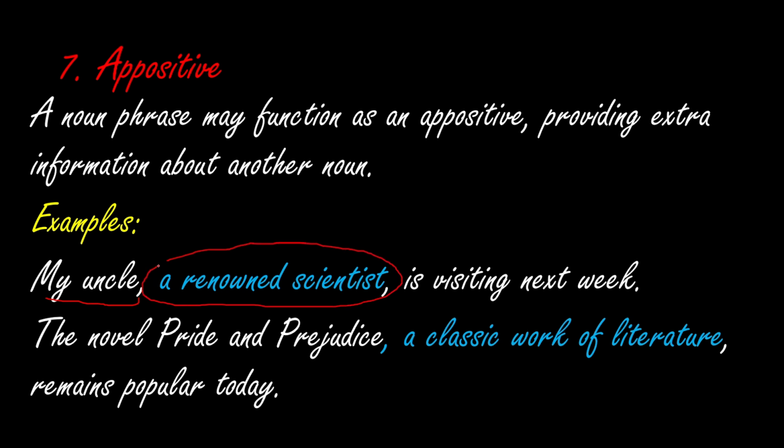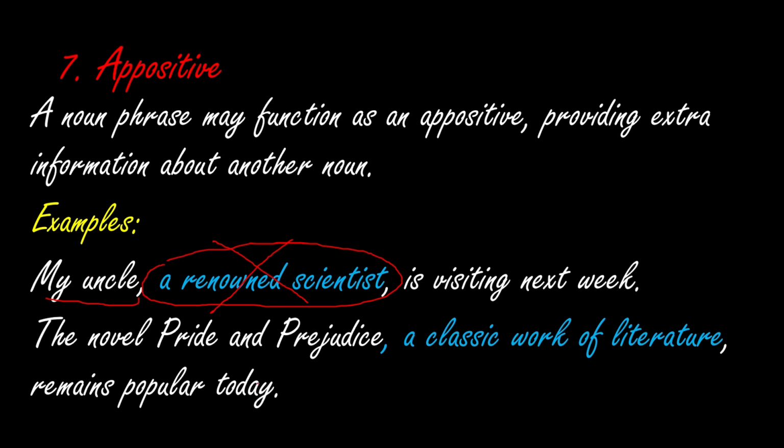Renowned means famous or distinguished or well-known person. Is visiting next week. So we can basically omit this noun phrase and still have meaning. My uncle is visiting next week. And an appositive, as it said here, provides extra information about another noun, which is my uncle.